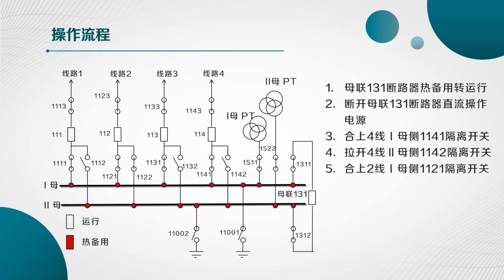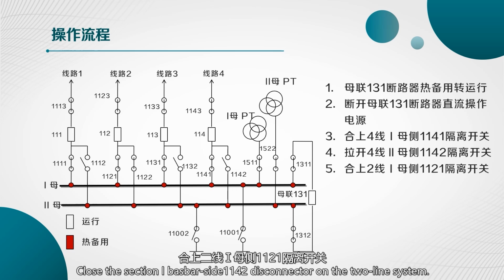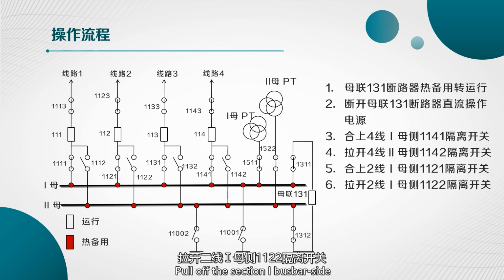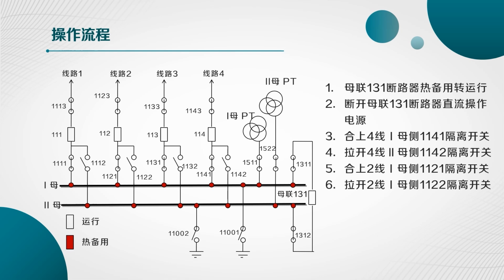Step 5. Close the section 1 bus bar side 1122 disconnector on the line 2 system. Step 6. Pull off the section 2 bus bar side 1122 disconnector on the line 2 system.